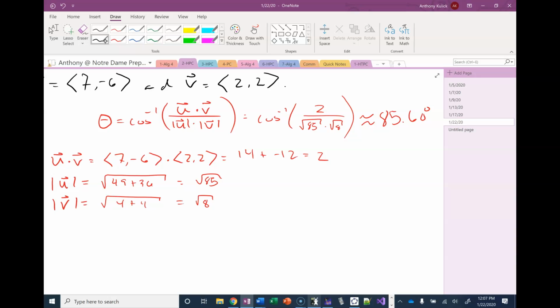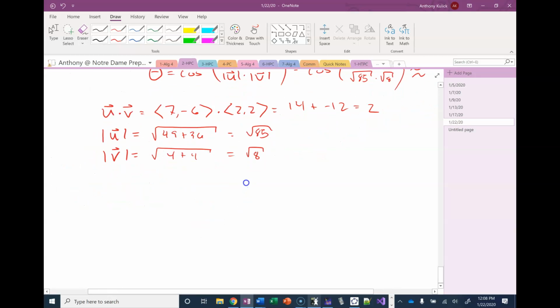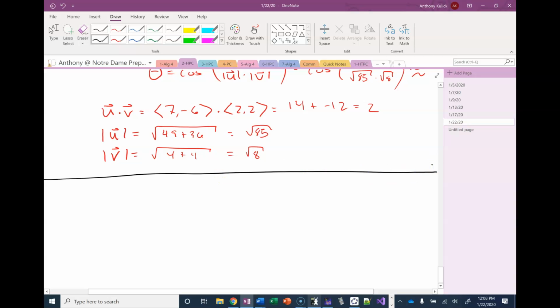Everybody okay there? Everybody feel okay with that example? Again, nothing too terribly complicated going on there, right? Just have to follow some formulas.